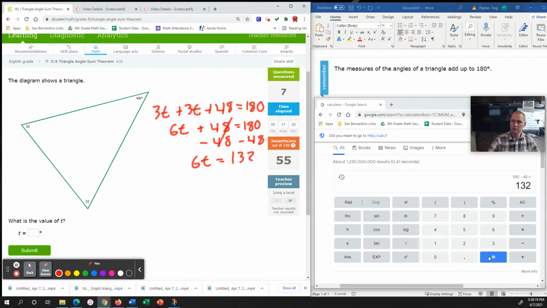So 132, and 132 divided by 6 is 22. So divide by 6, 6's are out. t equals 22. Nice.